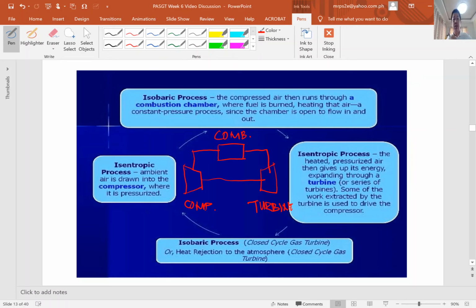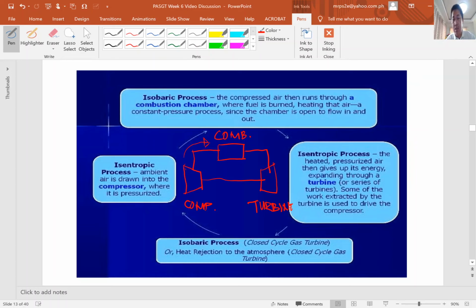So in the isobaric process, the compressor runs through a combustion chamber where fuel is burned, heating that air. So from here, this area here is the isobaric process. See, arrow. And the next one is the isentropic process.